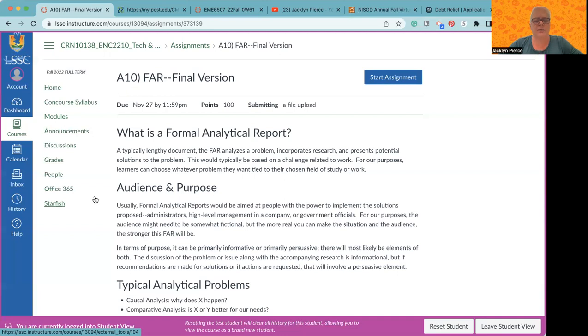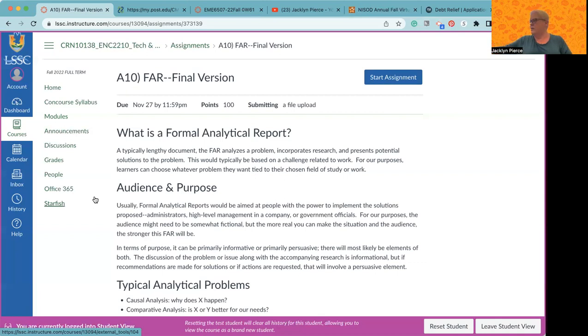For audience and purpose, normally you're going to be aiming a report like this at people with the power to implement the solutions proposed. So we're talking administrators, high-level management in a company, maybe even government officials. For our purposes, the audience is probably going to be fictional, but the more realistic you can envision an audience and a situation, the better it's going to make your formal analytical report.